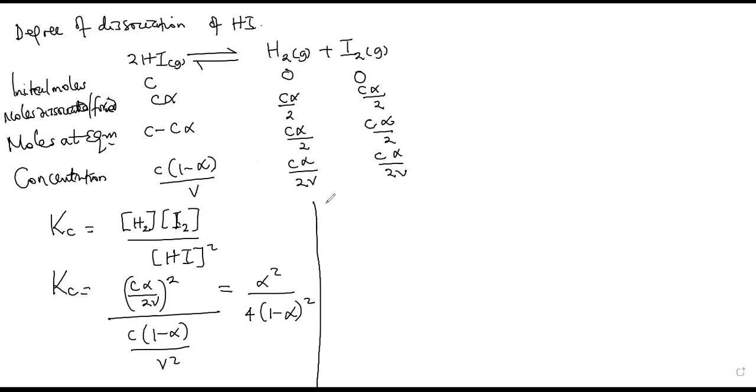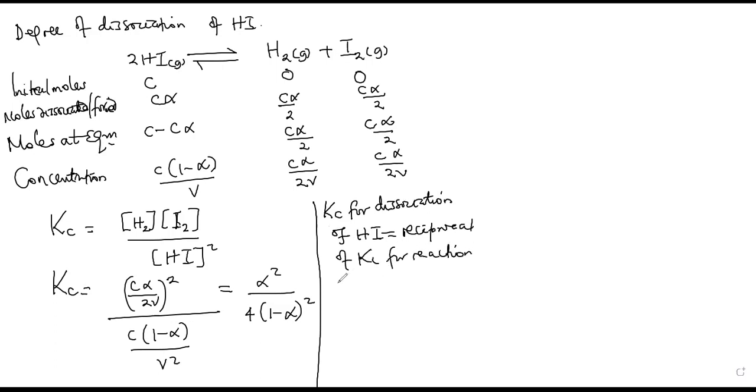So in other words, the Kc for dissociation of hydrogen iodide will be equal to the reciprocal of the Kc for the reaction between hydrogen and iodine.